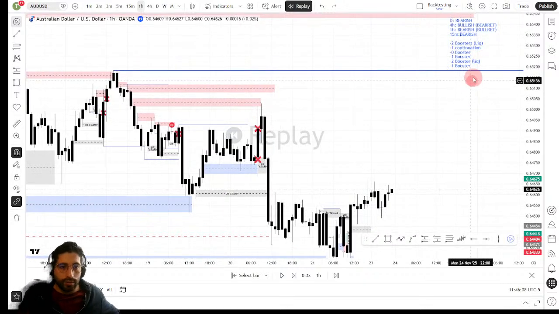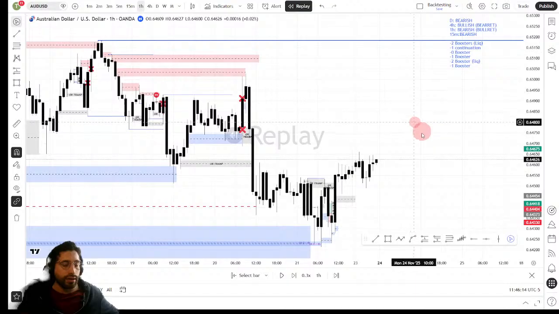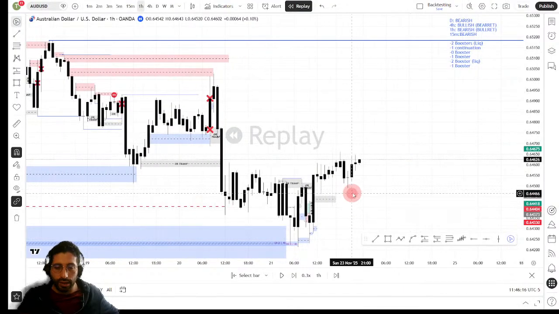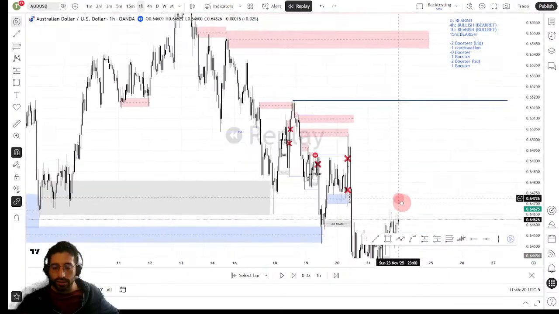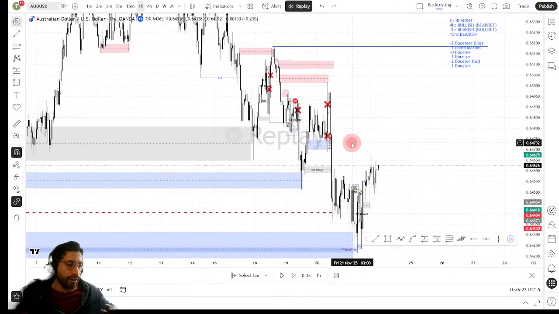Three of these orders were valid, and the other four losses were invalid, right? So this is the lesson we can have from this, and also all the analysis in regards to the direction was okay.